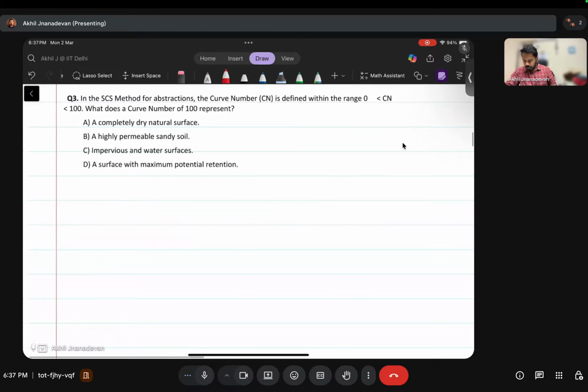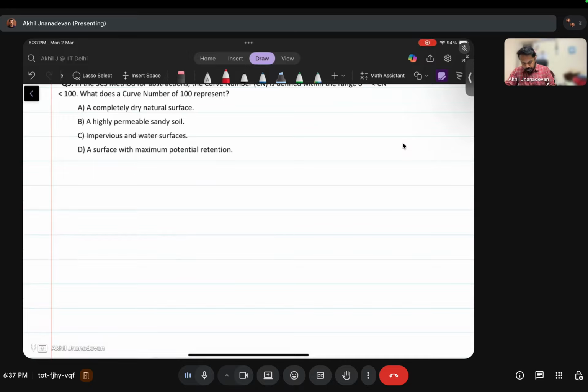Okay, so let's start with the SCS method, which is used for quantifying the abstractions. From the precipitation, we know how much is evaporated and how much is infiltrated, since we have already seen in previous lectures how these are quantified, right?